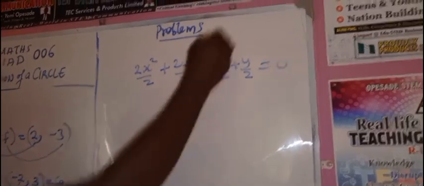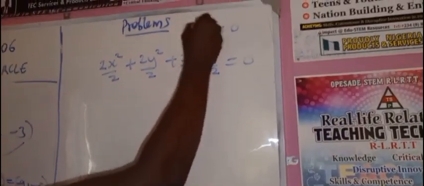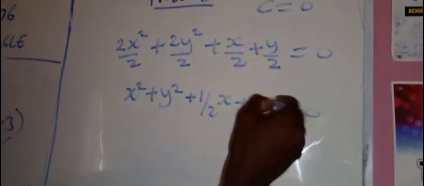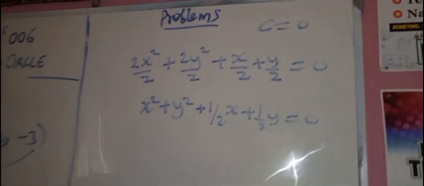So the constant c here is 0. Take note of that. So this gives us x squared plus y squared plus half x plus half y equals to 0. C constant does not exist.